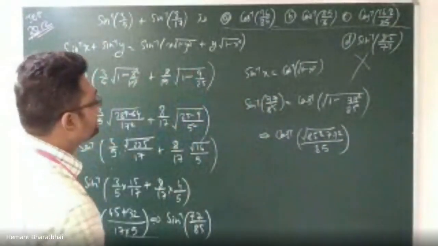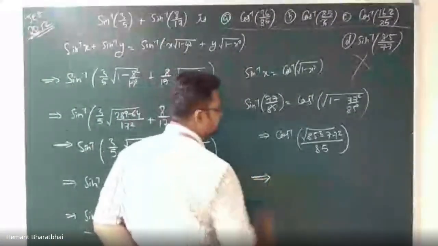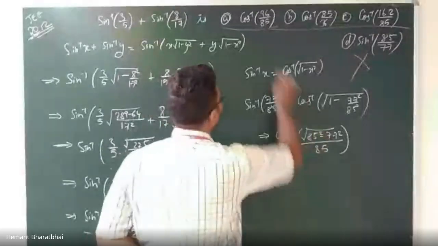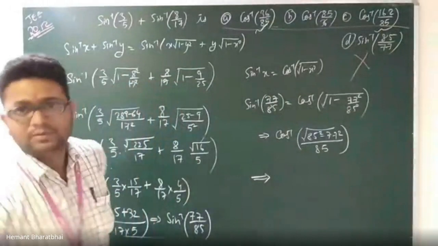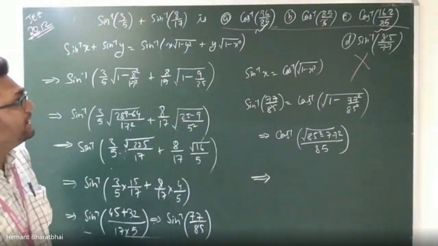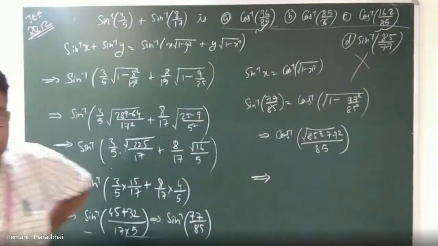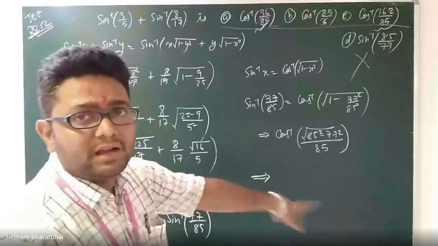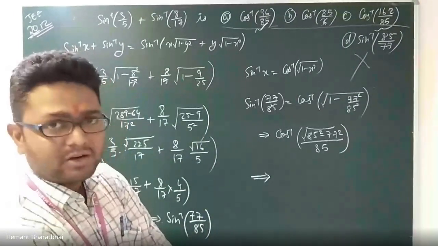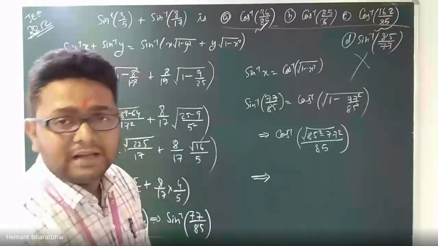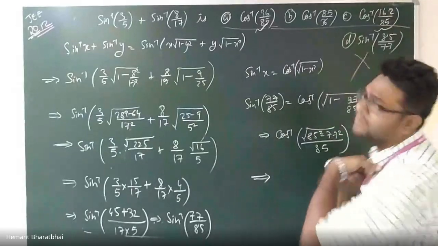So either it is option A or option C. Solve and tell me which is the option, because here I have 85. So here and here I have 85. So either my answer is option number A or option number C. You don't have to calculate; you can clearly see one is 85 square, the other is 77 square. When you are subtracting, the answer is not going to be so big that when I do the square root I get 162.